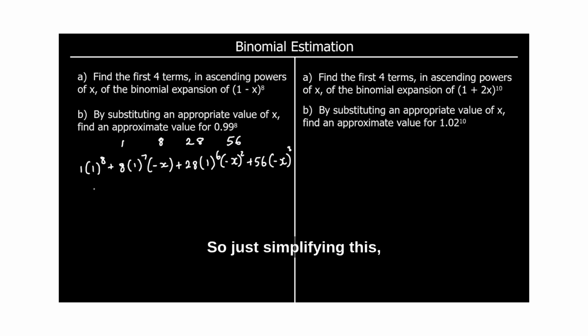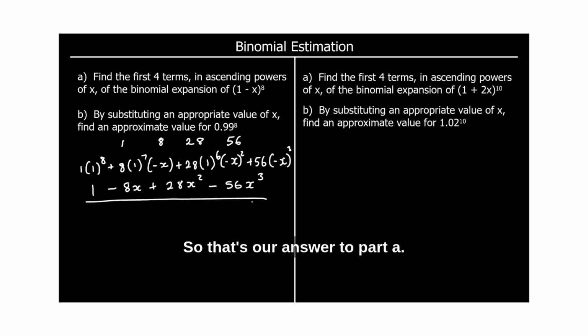So just simplifying this, we'll get 1 minus 8x plus 28x squared minus 56x cubed. So that's our answer to part A.